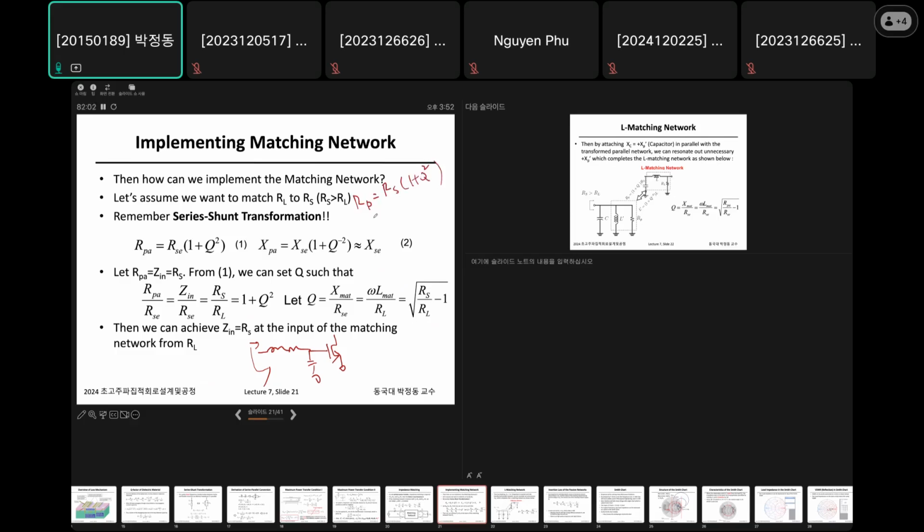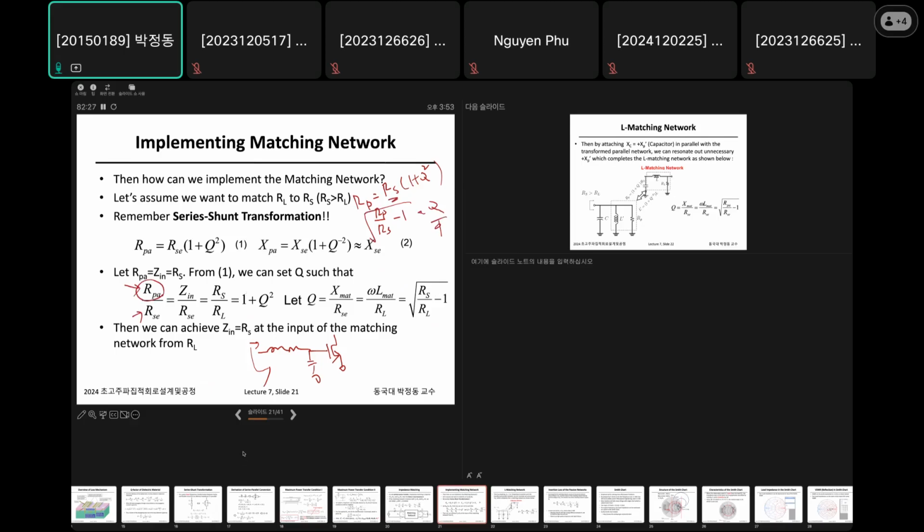So Q, the square root of R parallel over R series minus 1, is the quality factor. This is the required Q of the matching network. Here, R parallel is always larger than R series. So we just put the larger one here, smaller one here.